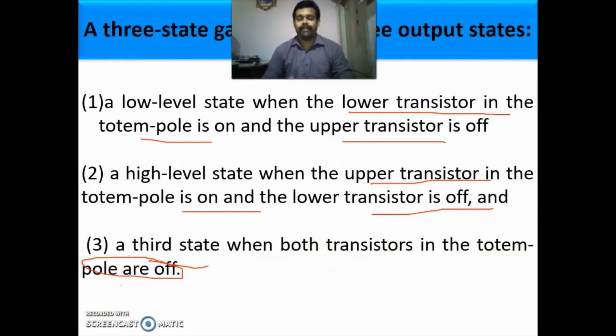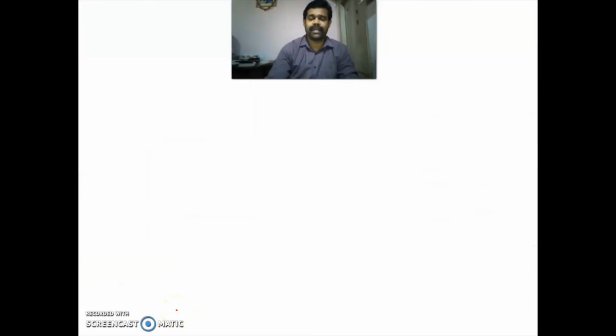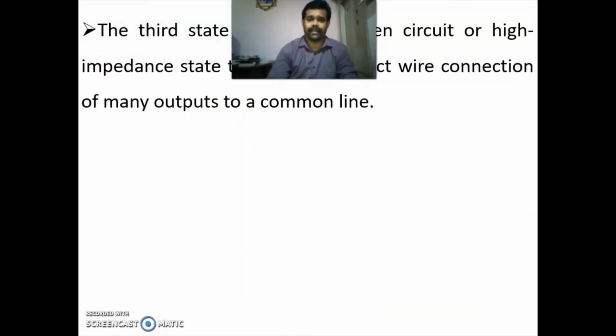The high impedance state is nothing but the state where both transistors are off. In the high state, the upper transistor is on and the lower transistor is off. In the low state, the lower transistor is on and the upper transistor is off. So tri-state means it has three states: a low state, a high state, and a high impedance state.